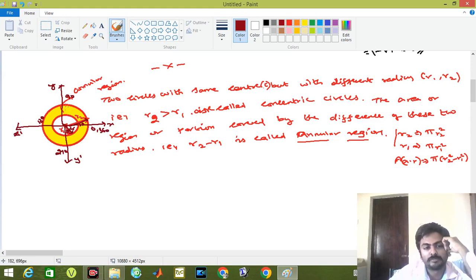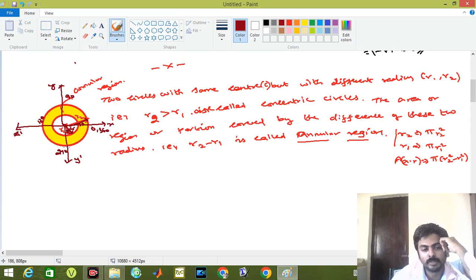If something is covered only in the first quadrant, your theta varies from 0 to pi by 2. If it covers both the upper quadrants, the first and second quadrant, then theta goes from 0 to pi.